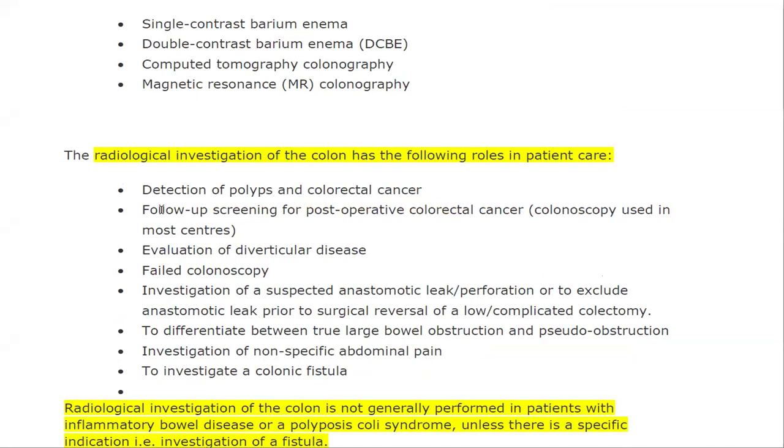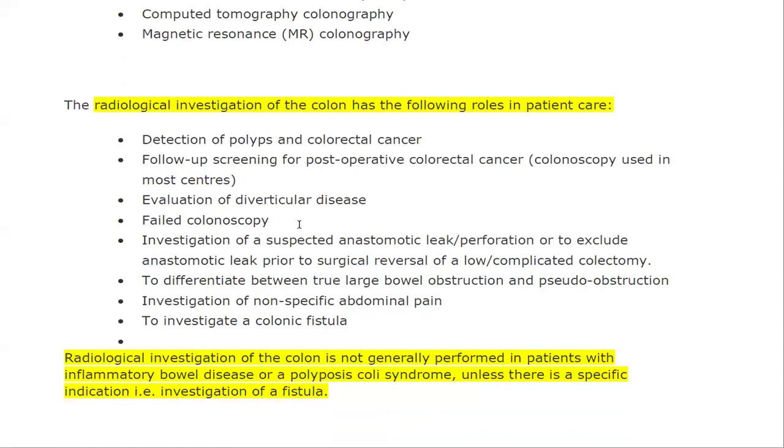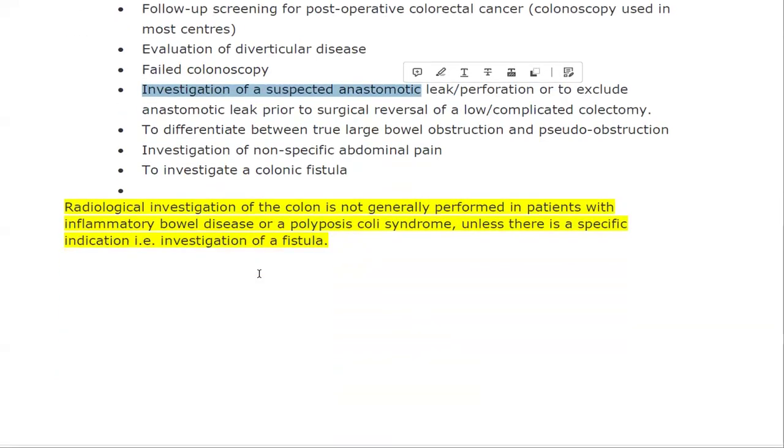Most centers use colonoscopy, but sometimes it fails or has a risk of perforation or something like this, so you are going to use another alternative method. You can use it for evaluation of a particular disease, and investigation of suspected anastomotic leak or perforation.